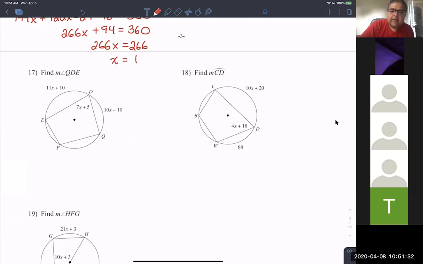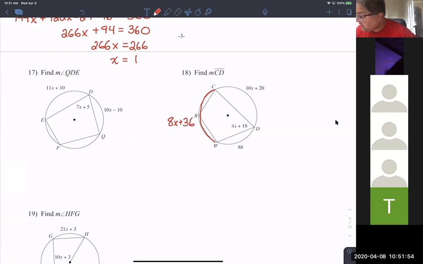Okay, so what do we do? You find the arc CBW because the arc is double the angle D, and you would get 8x plus 36.